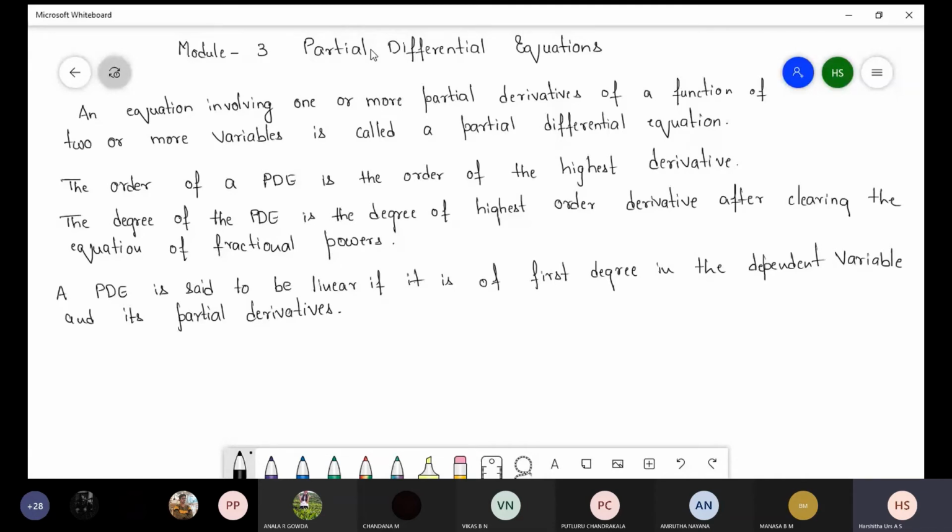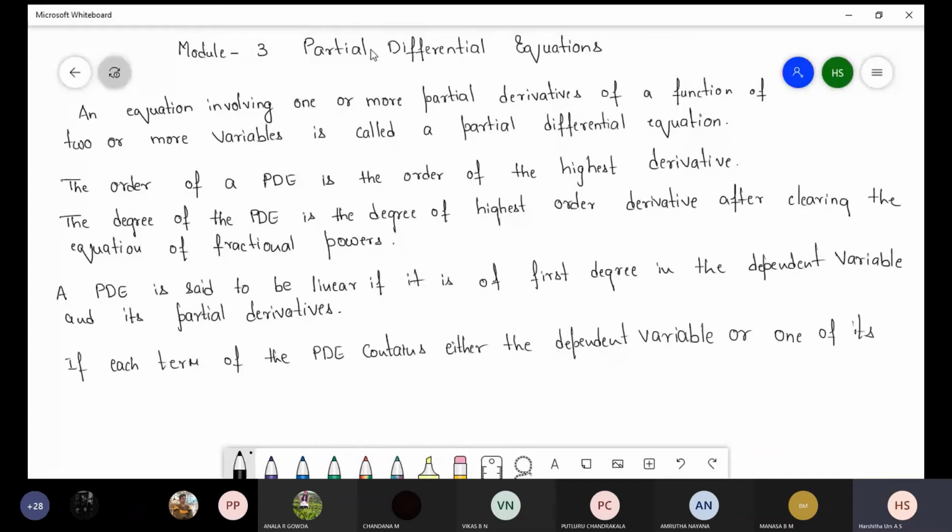Next, if each term of the partial differential equation contains either the dependent variable or one of its partial derivatives, then the partial differential equation is said to be homogeneous.